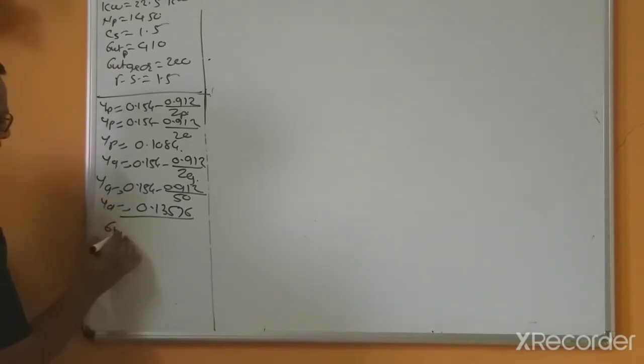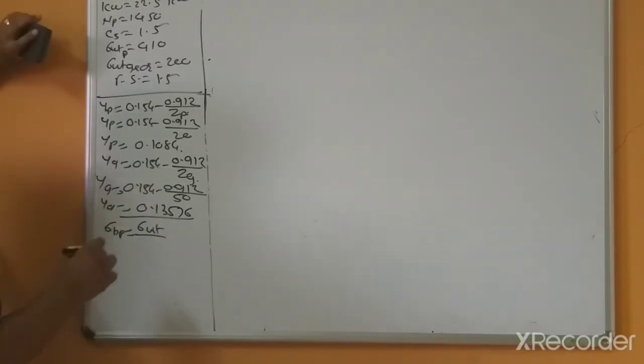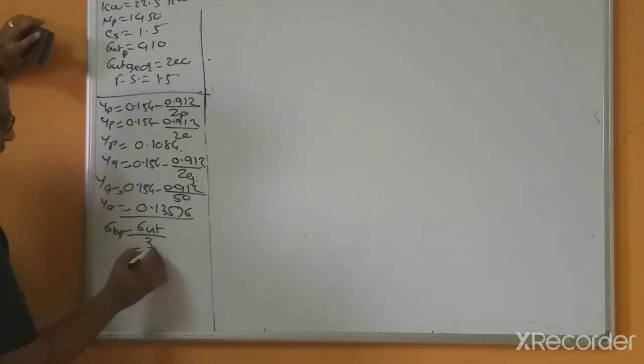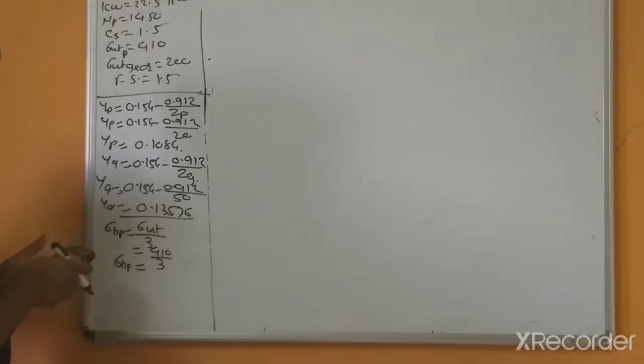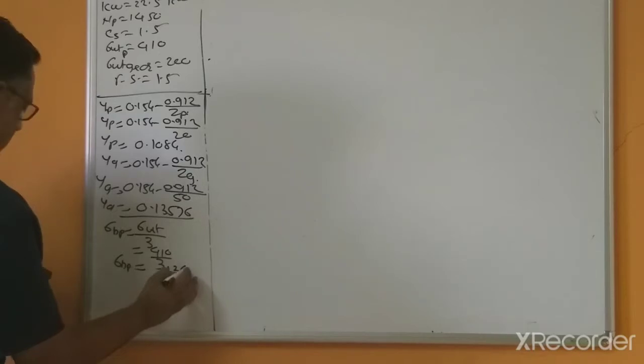Now sigma B for pinion, sigma B P, is the ultimate tensile stress divided by 3, 410 divided by 3. So sigma B P equal to 136.66.